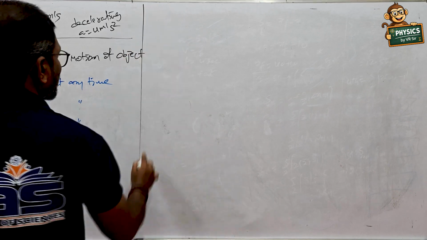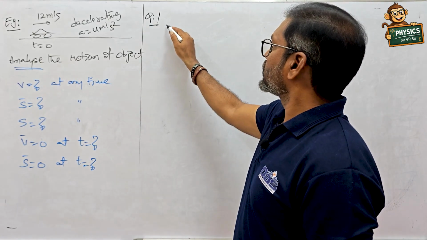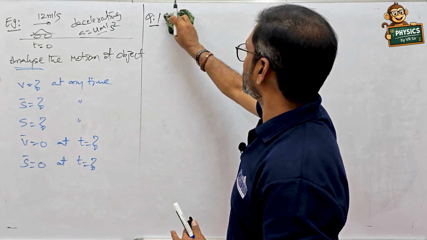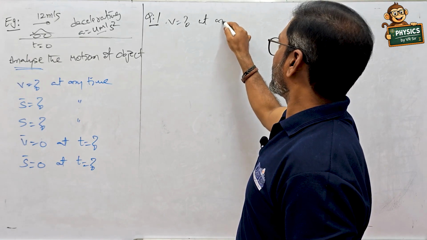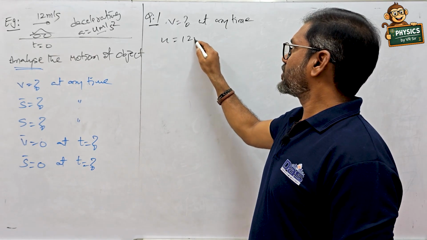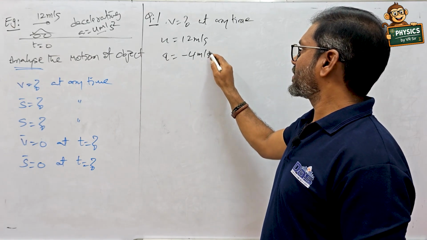Now let's take first question number 1. What could be the velocity at any time? So initial velocity is given, 12 meters per second. Given u is equivalent to 12 meters per second, a is equivalent to minus 4 meters per second square.